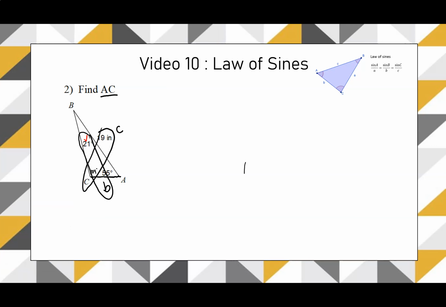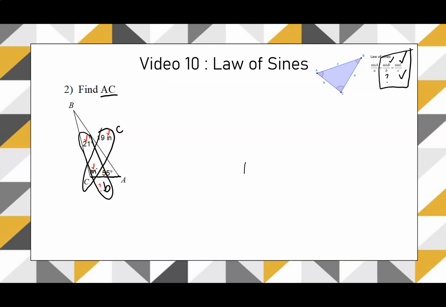We have 21, we have a 19, we have the angle across from it, and we're looking for B. So we do have 3 out of 4. All right, now is our time to choose which formula we are going to use. Well, we've got our angle C, we've got our side C, we have our angle B, and we are looking for side B. So we're going to choose this one right here.